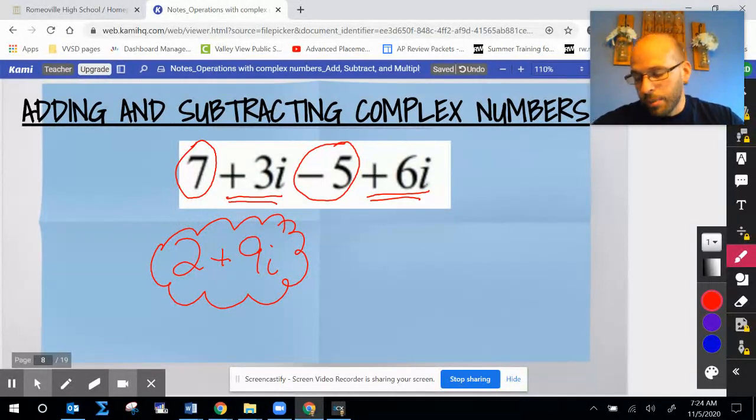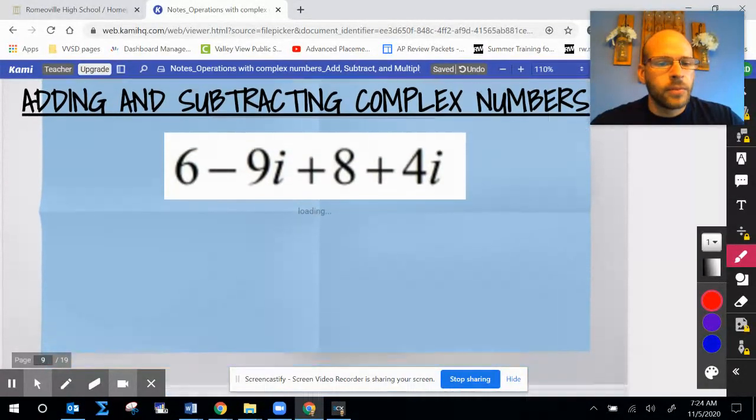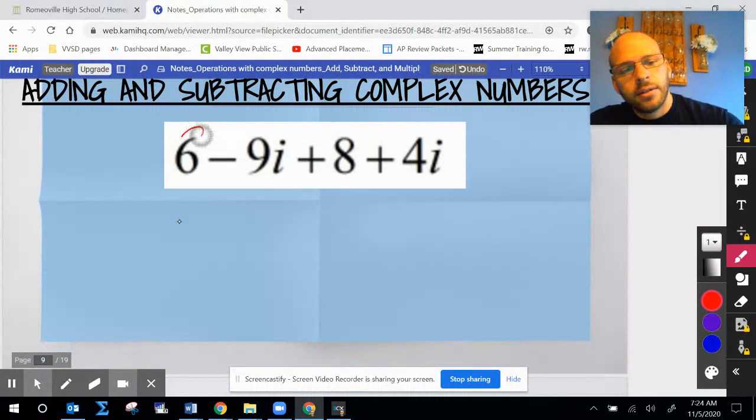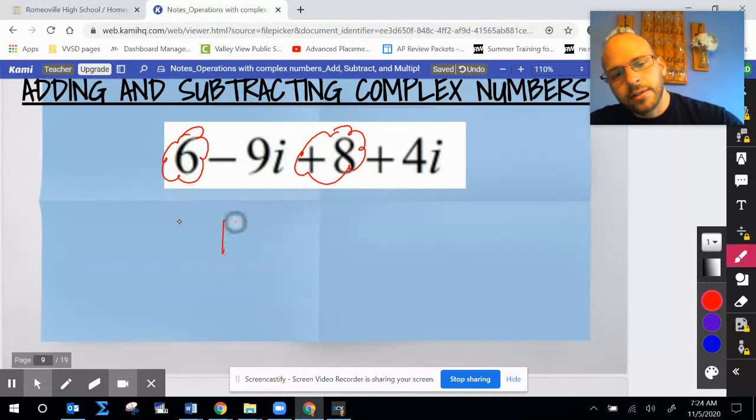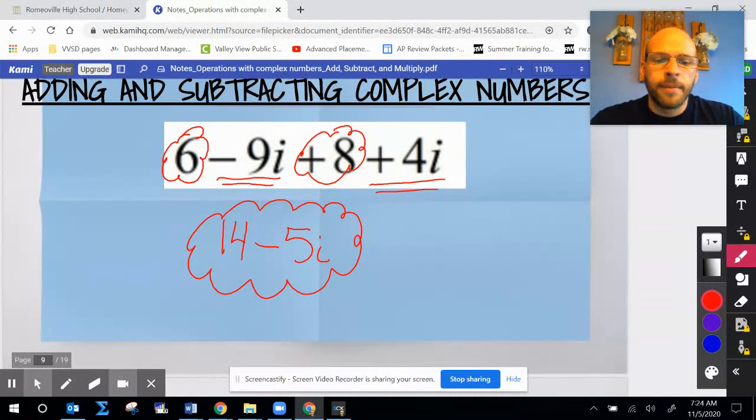So you don't need parentheses in order to go through this. We're just combining our like terms whenever we're adding or subtracting. Same idea. 6 plus 8 is 14. -9i plus 4i is -5i. And this is my complex number.